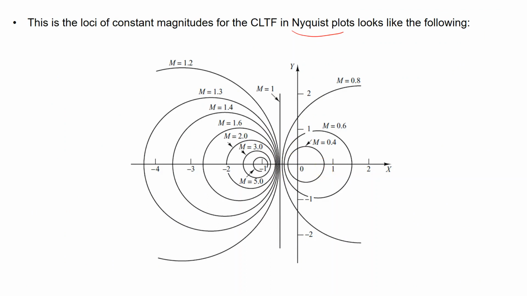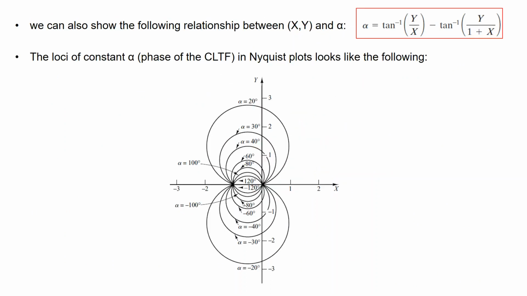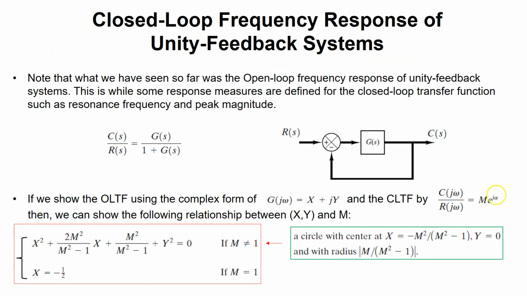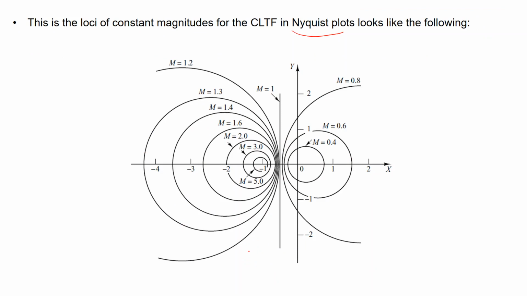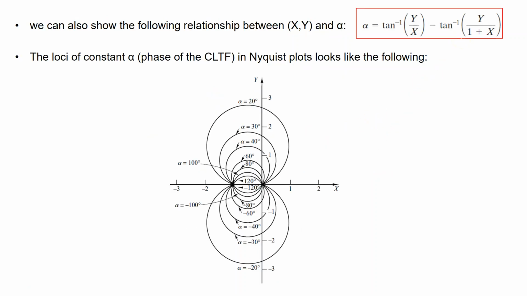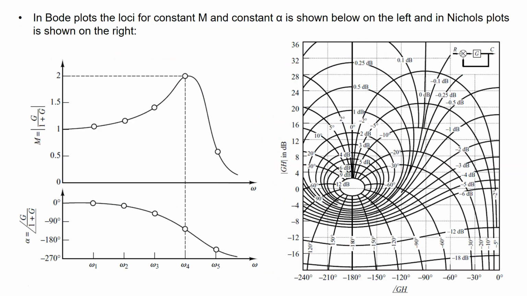Also, by the way, we don't really use it in this course, but the loci for a constant phase of the closed loop transfer function based on the open loop one would also look like circles, but the circles are vertically aligned instead of the magnitude circles, which are horizontally aligned. As I said, we mostly use this one in our course. We barely use this one because we're mostly concerned about the magnitudes.